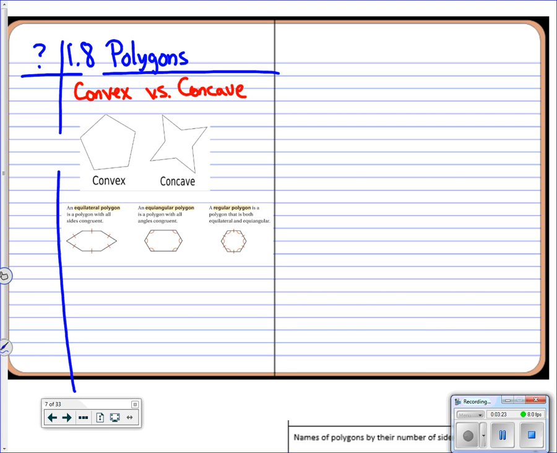All right, so let's start our notes if you haven't already. And I'm sorry, let me fix this. I should say 7.1 polygons, and hopefully this goes pretty quickly and pretty smoothly. We have a convex polygon and a concave polygon, so this shape basically collapses in on itself. I think of it as a cave. Convex is there.